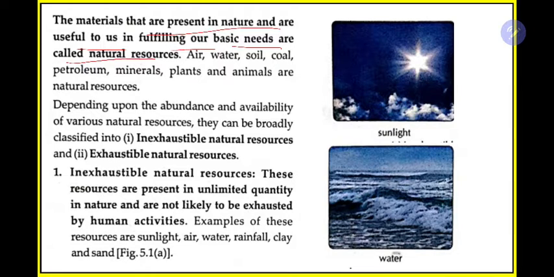So depending upon the abundance, that means how much is present, and availability, that is the consistency of various natural resources, we can broadly categorize them into two groups: inexhaustible natural resources and exhaustible natural resources.